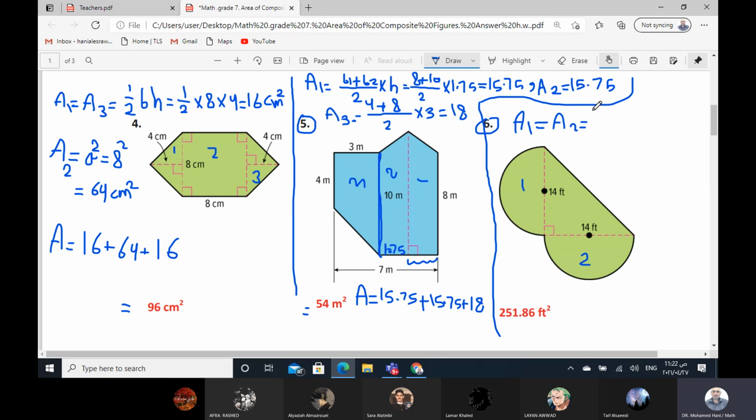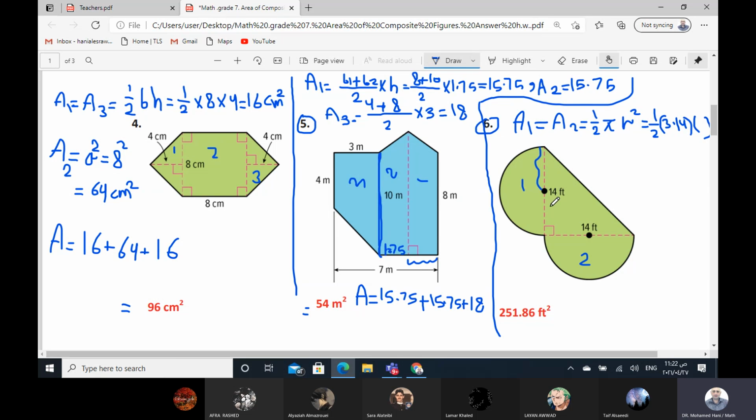The formula will be 1 over 2 multiplied by pi multiplied by r squared, means 1 over 2 times the value of pi 3.14 times the r, which is the half of the diameter from here to here.